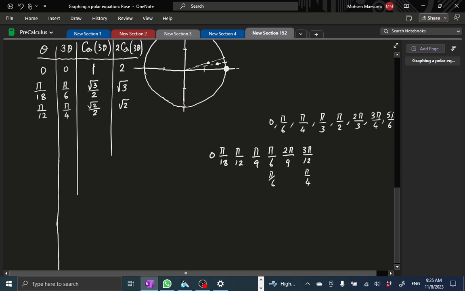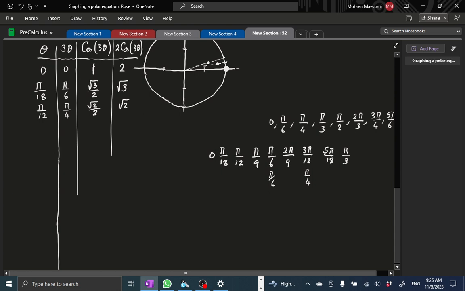And then 5 pi over 6, I'll have 5 pi over 18, and then finally pi over 3. So I took all of my famous angles and divided them by 3 to see what kind of angles to pick up.